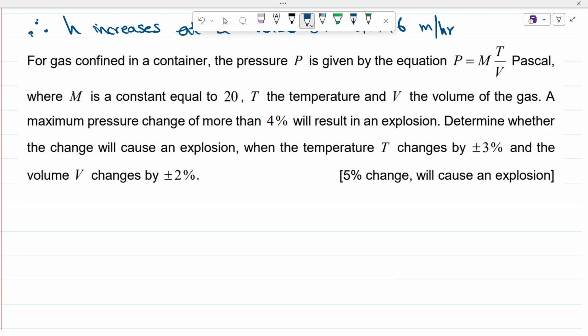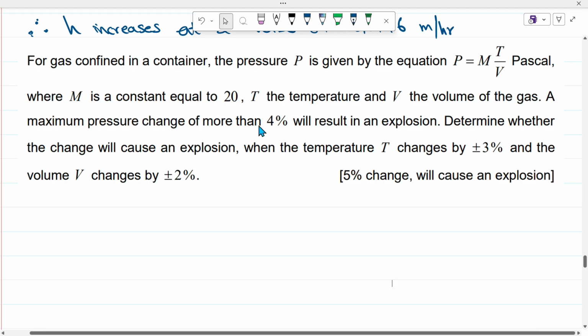Take note of that. Determine whether the change will cause an explosion when the temperature T changes by plus or minus 3% and the volume changes by plus or minus 2%.